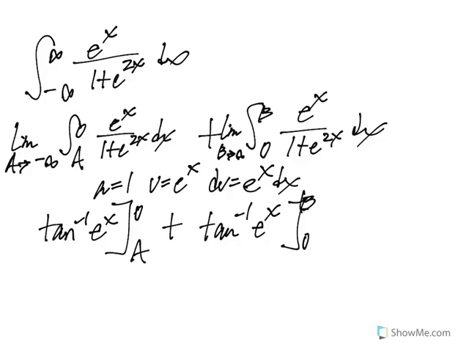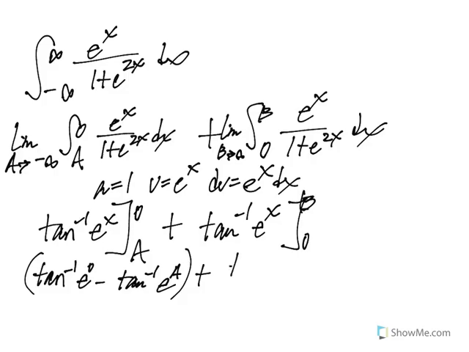All right, here we go. According to the first fundamental theorem of calculus, plug in 0. That means I have the arctan of e to the 0 minus the arctan of e to the a. Add that then to the arctan of e to the b minus the arctan of e to the 0. All right, take these one at a time. The arctan of e to the 0 is really the arctan of 1.